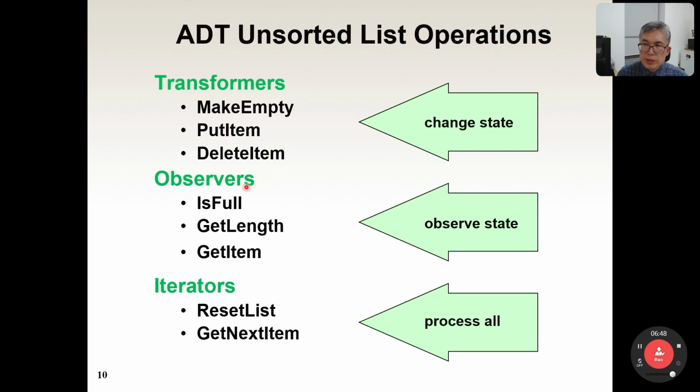Observers just watch the content of a list, such as is full, get length, and get item. The last one is iterator: reset list, or get the next item. This one is sequentially processed on the list.